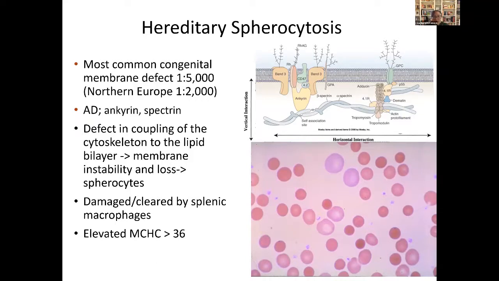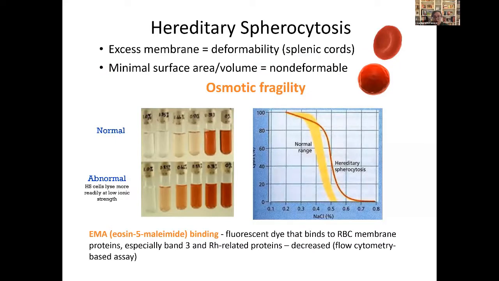So your mean corpuscular hemoglobin concentration is fairly high, and a value of over 36 has a sensitivity of about 90% for detecting spherocytes, which is generally hereditary spherocytosis. You need excess membrane for deformability because the red cell is about 7 microns in size, and the splenic cords are about 3 to 4 microns, and maybe 5. So the red cell should be able to squish through the splenic cords.